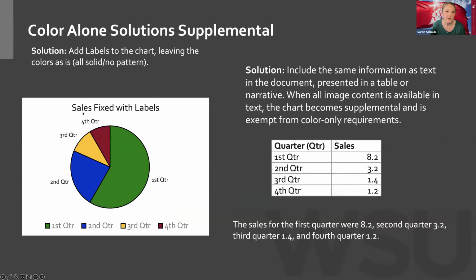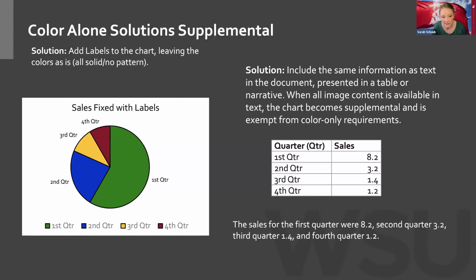So, color alone solutions. There are some things you can do if you're using color alone that will make your content accessible. Adding labels to the chart. You can leave the color as it is, all solid with no pattern.